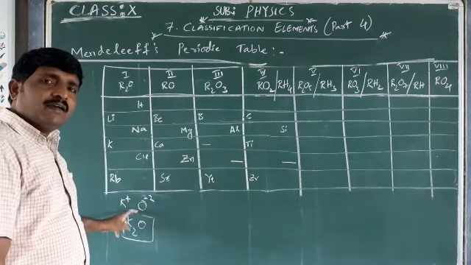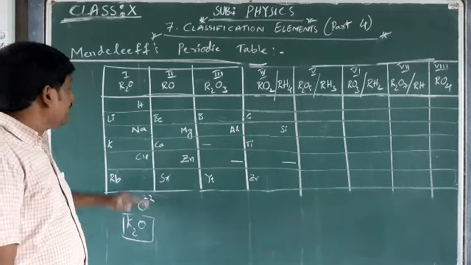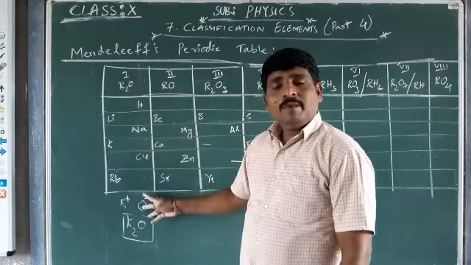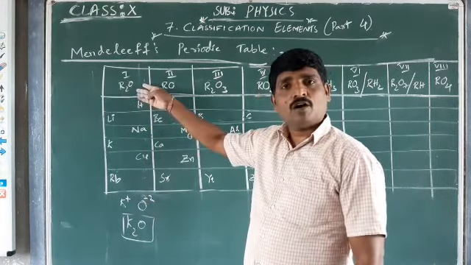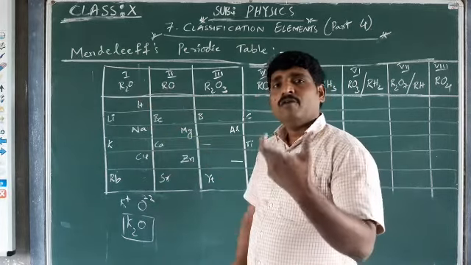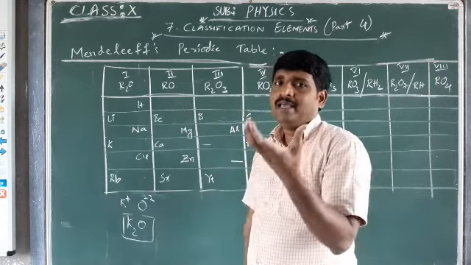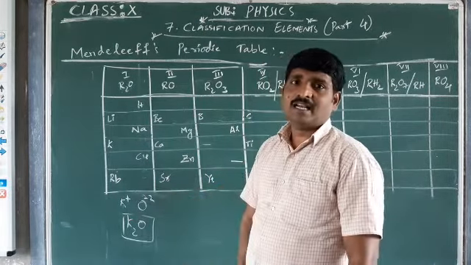Any element you take with its respective ionic charge, if you crisscross, you will get the form R2O. That means he said the elements present in a respective group, when reacting with oxygen, will form compounds with a similar, well-defined expression.